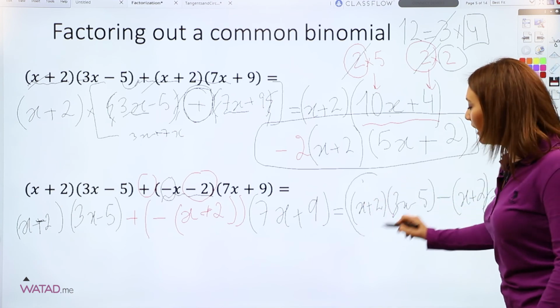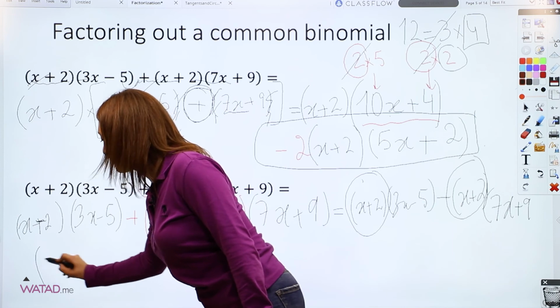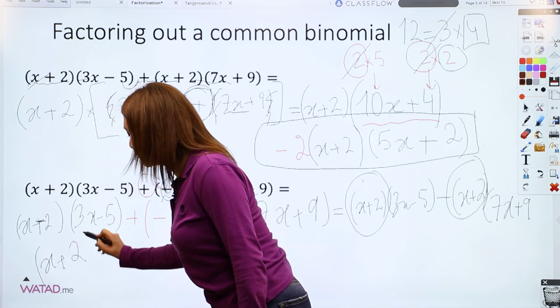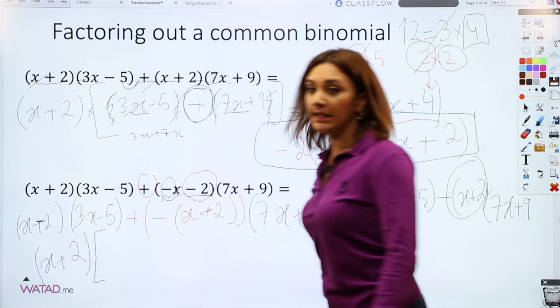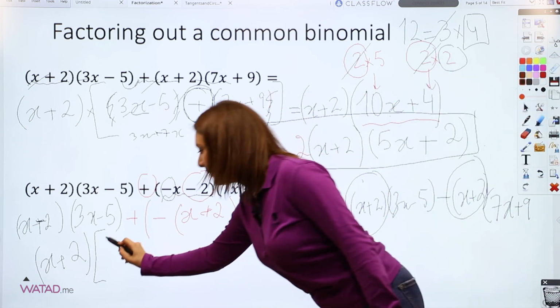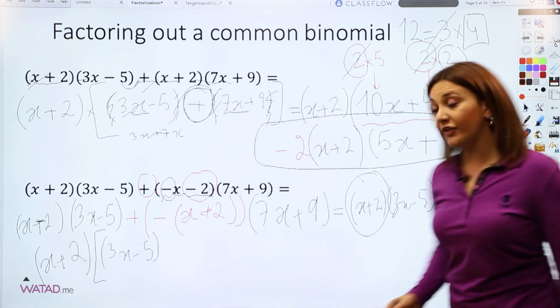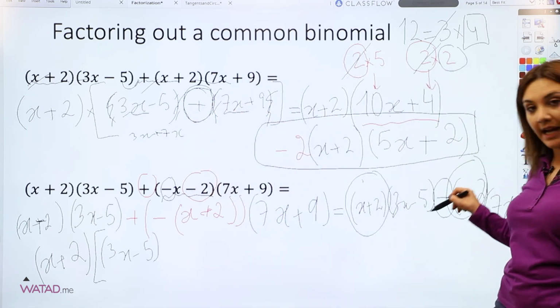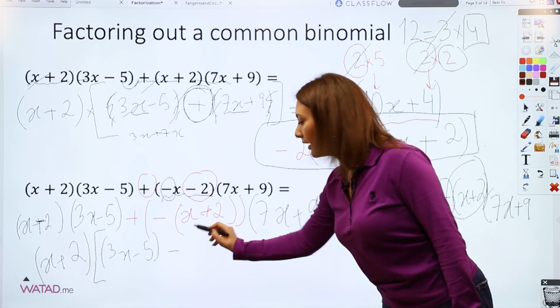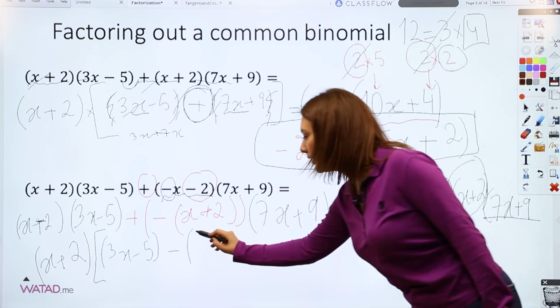Now I do have a common factor, and this is x plus 2 into, open the brackets, from the first product I get 3x minus 5. I am left with 3x minus 5. I respect the operation, which is a subtraction, so this is minus, parentheses. From the second term, I am left with 7x plus 9.